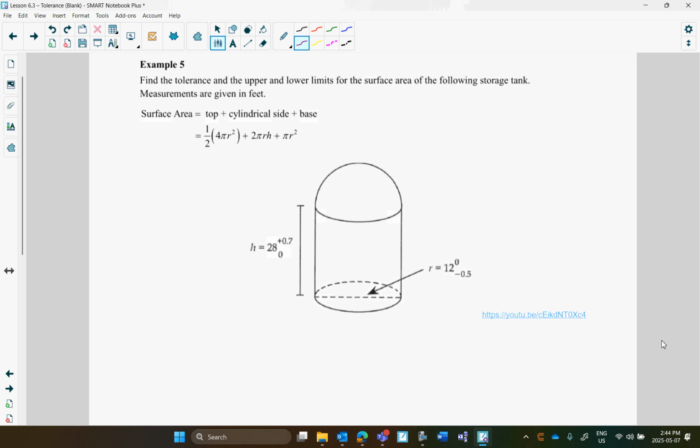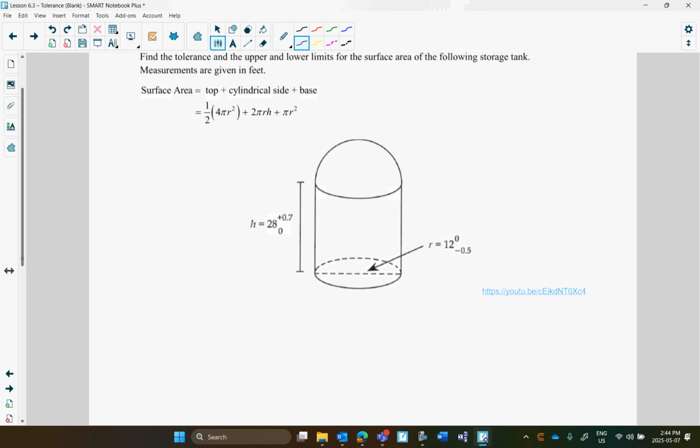So here, notice with this one, you're given the formula. Yeah, we're given the radius. That's a little confusing.